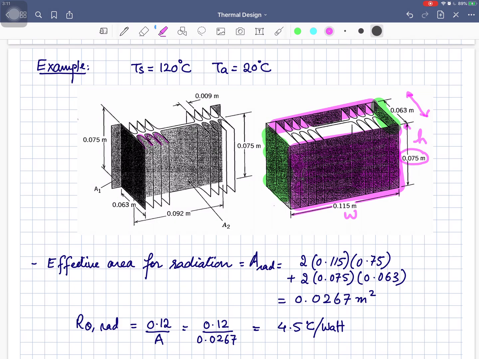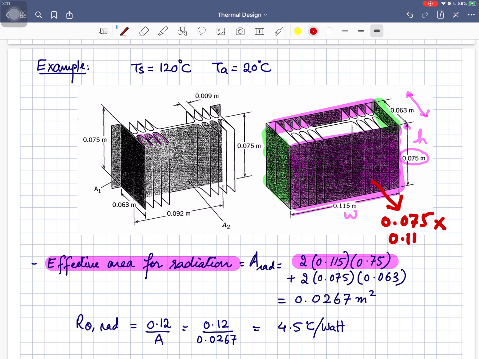We will be calculating the total surface area that will be used for the radiation. So the effective area for radiation is 2 multiplied by 0.015 into 0.75. So we are calculating the area of this surface, 0.075 multiplied by 0.115. So you will get the area of this surface.